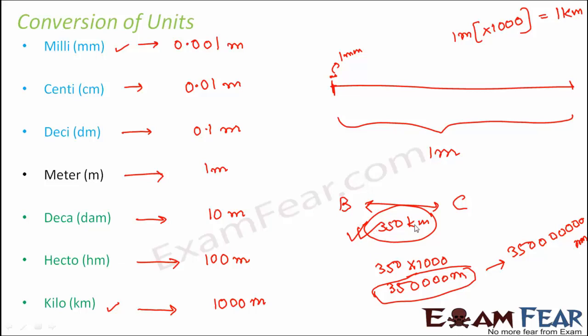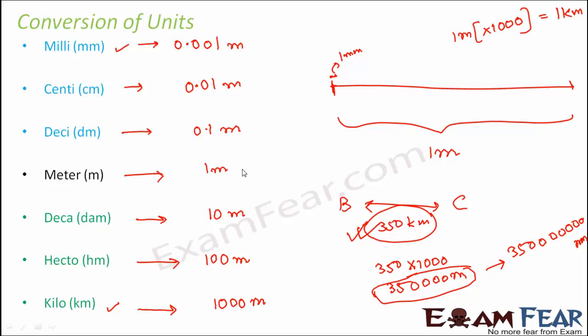So the most convenient way of representing a bigger distance is by using bigger units. Similarly, when we have to represent smaller distances, we would use smaller units like millimeters and centimeters. Right? Now, a lot of times you might need to convert from one unit to another. So one simple thing, if you remember, would help you to convert a measurement from one unit to another.